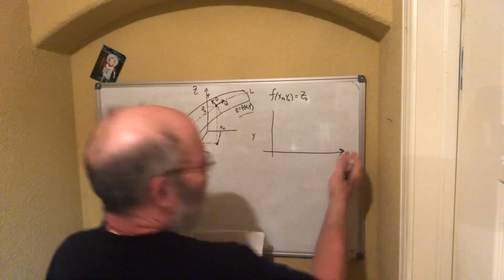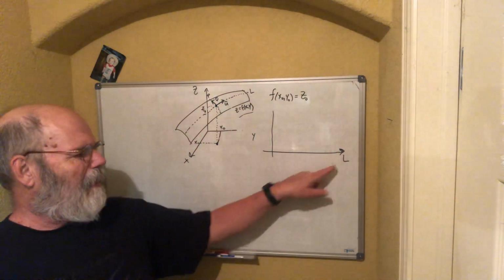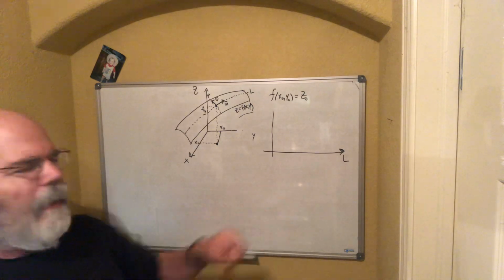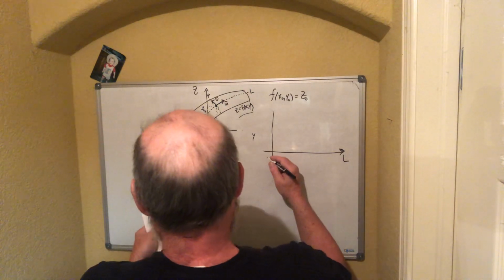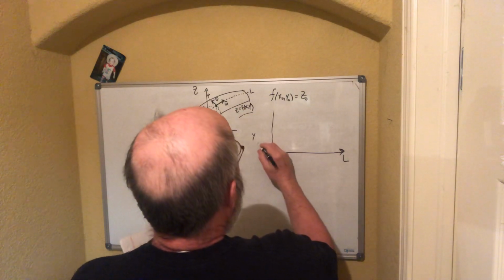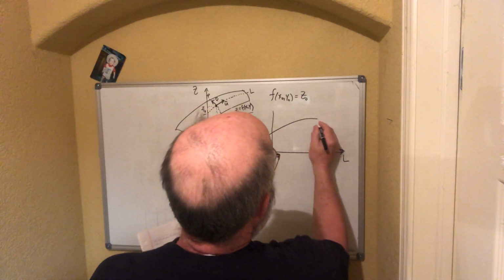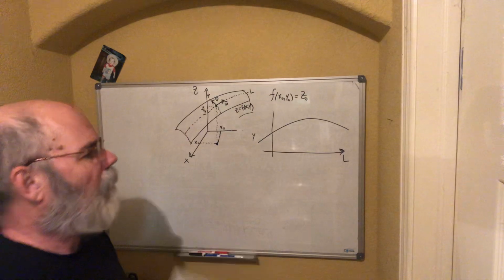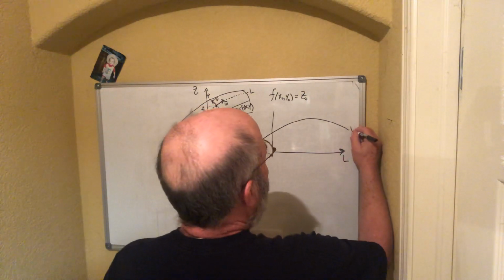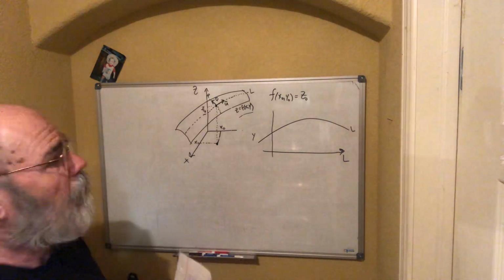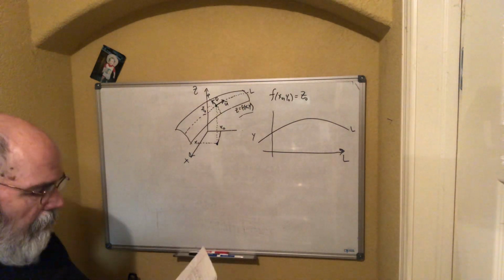This is basically the L axis. I'm being a little sloppy writing it that way, but I think you get my idea. And so this L curve will look something like that, right? So once again, that's L.